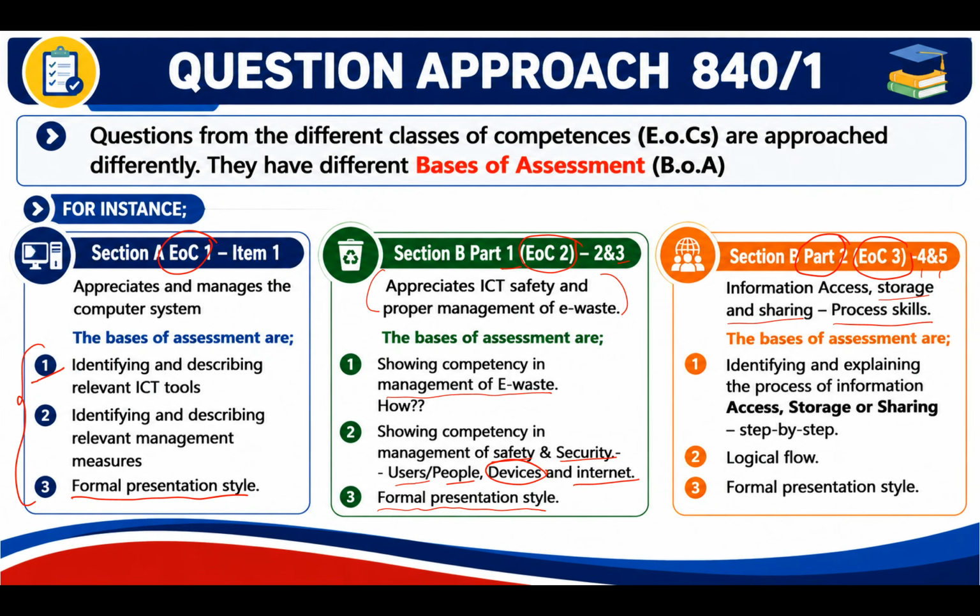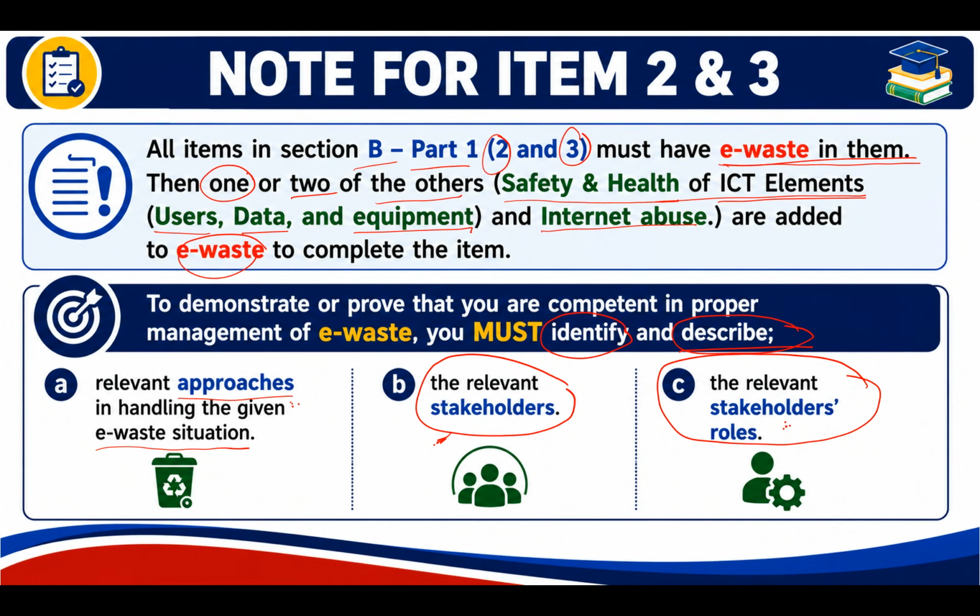They are the ones that are tested here. So the basis of assessment are identifying and explaining a process of information access, storage, and sharing step by step. Logical flow is important, and at the end of it all, it must be a formal presentation. So that is the approach of section B part 2.